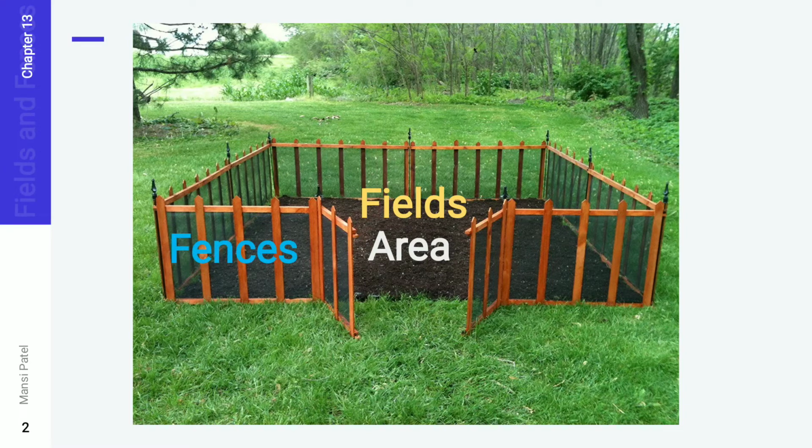This wooden fence covers an open area. If you want to plant in this field, you can do so in this portion only, and in these fields you have your own right. You can do anything in the field.